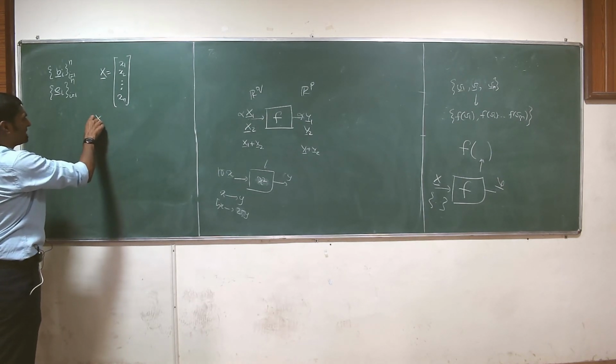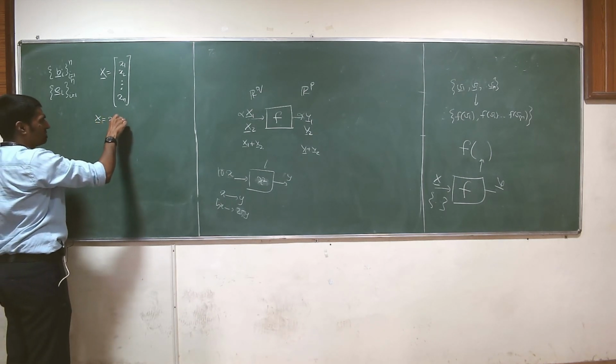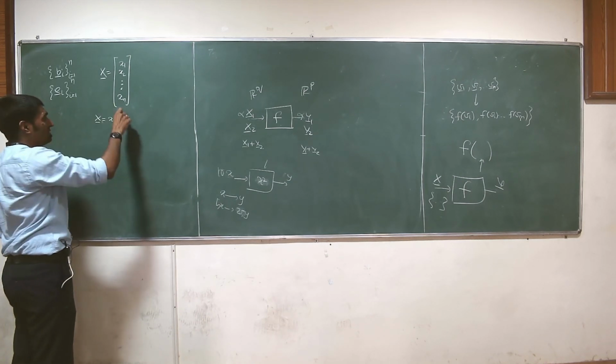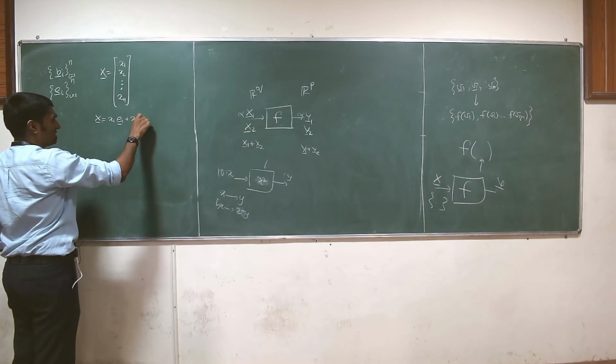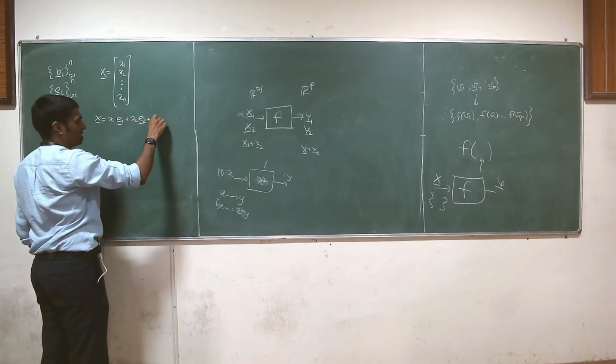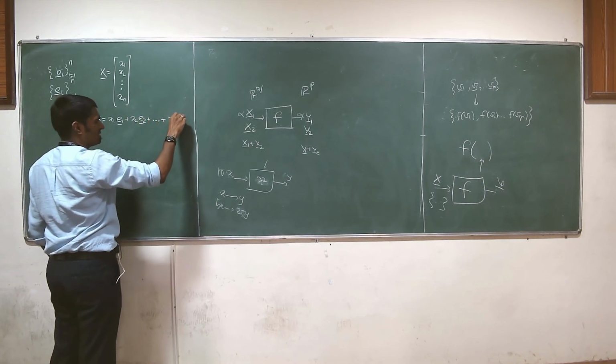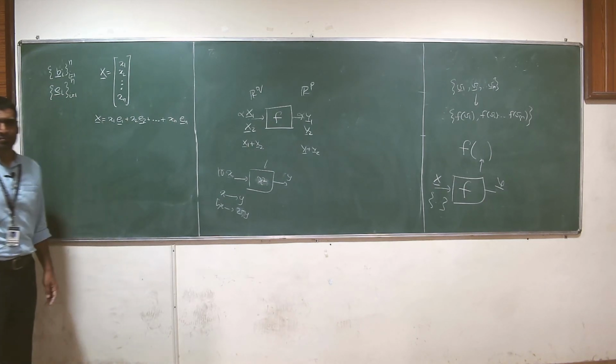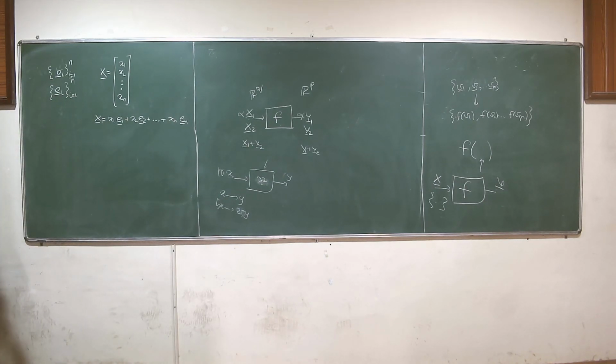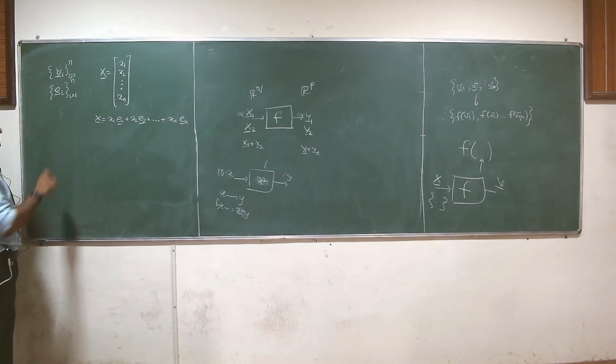What this simply means is that x can be written as x1 times e1, plus x2 times e2, ..., plus xn times en. This is the standard basis representation.